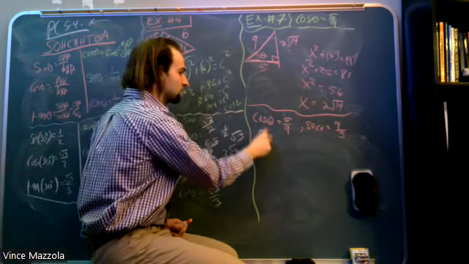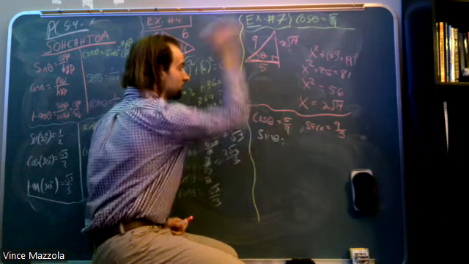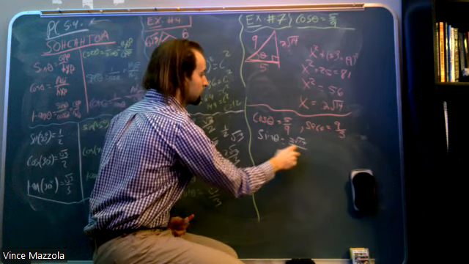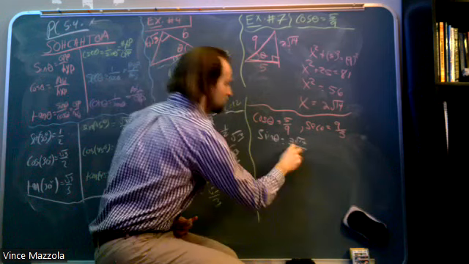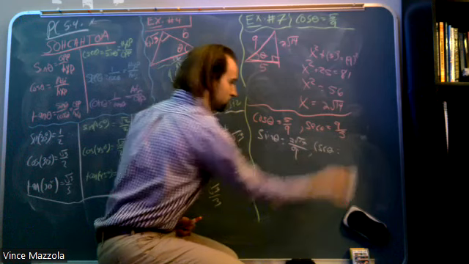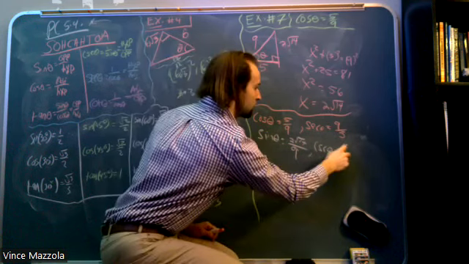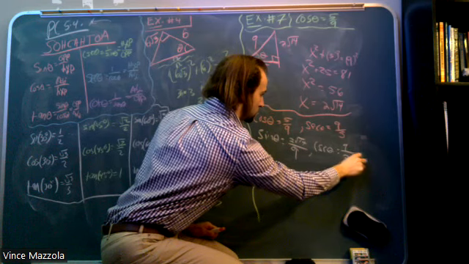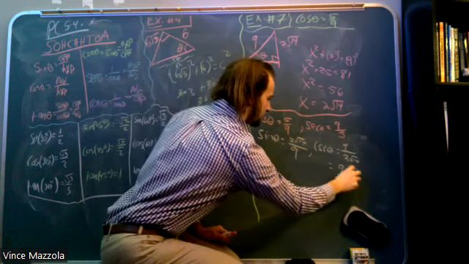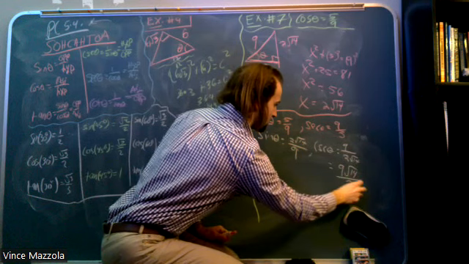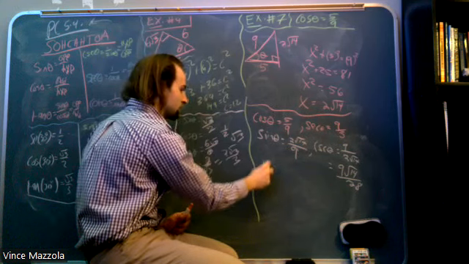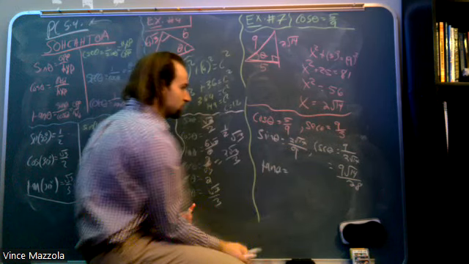Sine would be your opposite side, so 2√14 divided by 9. So that means cosecant is going to be 9/(2√14), which is going to give us 9√14 divided by 28. You simplify it without a radical on the bottom, which is how we usually do it.